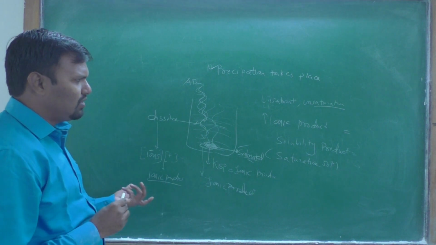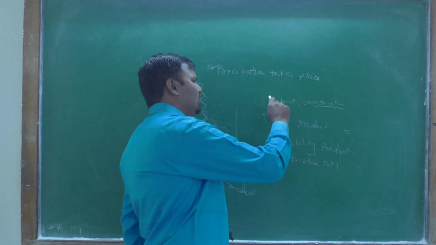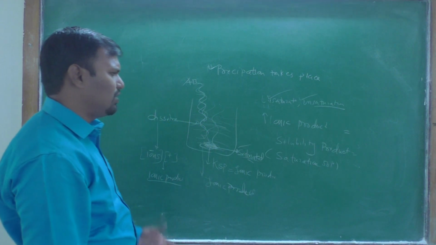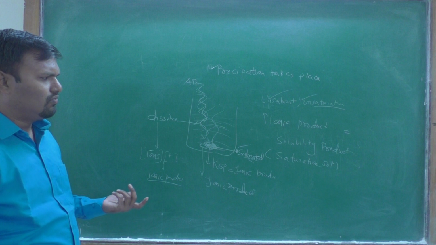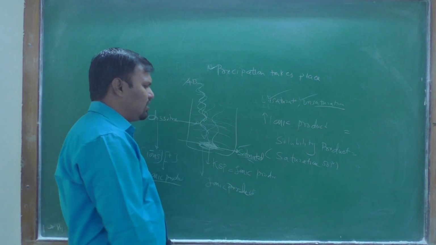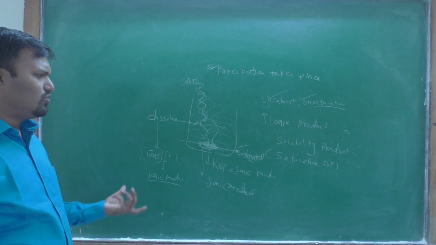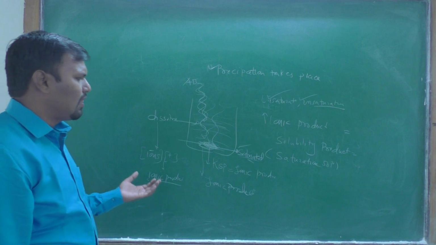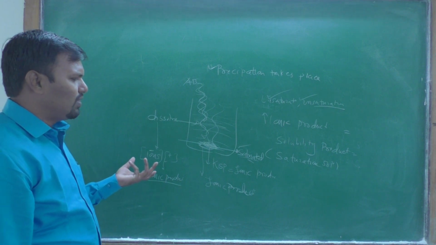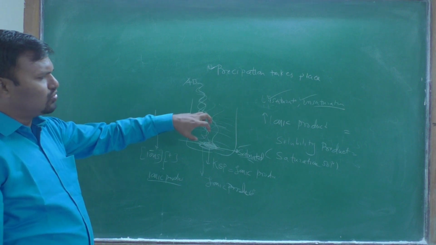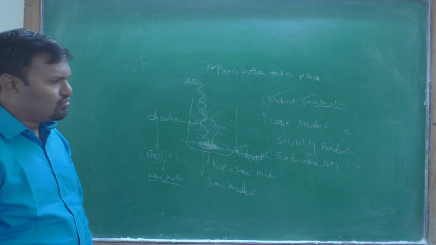Ionic product we can measure in any situation, saturated or unsaturated solution, but solubility product we measure only at the saturated point. At the saturated point KSP is equal to the ionic product. KSP is not equal to it when you add the salt and it totally dissolves, in an unsaturated solution.